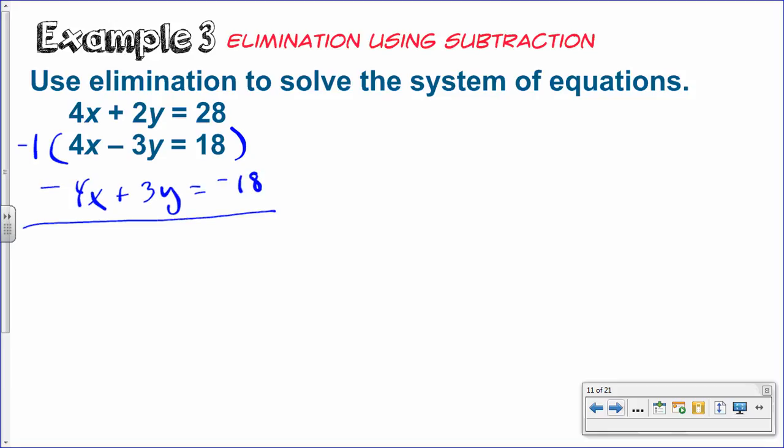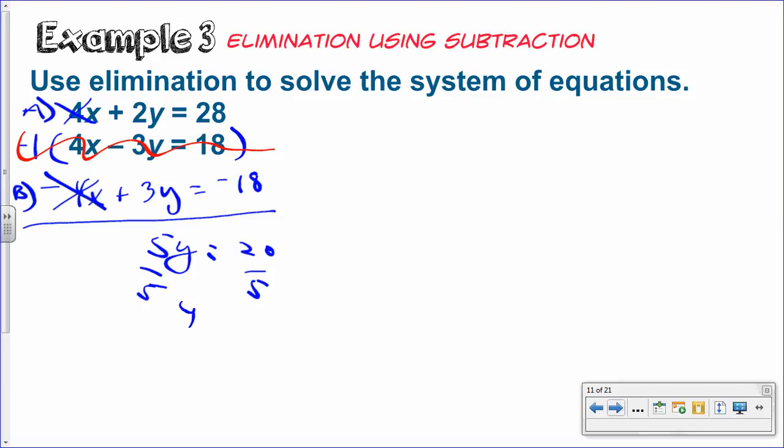Now, just understand that I'm not using this one anymore, am I? I'm combining this one and this one. So what happens to the x's? Cancel each other out. 2y and 3y is 5y, and then that's going to be 20 divided by 5. Y equals 4.